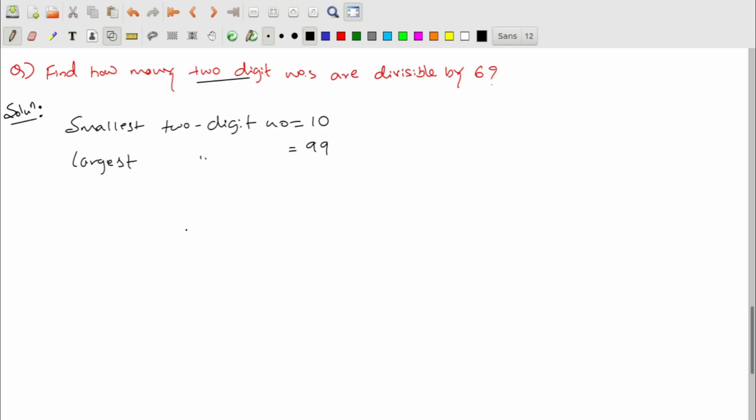So here we use this AP concept, right? Now A1, if I take it as the first term, A2 till AN, if we know the first term and the last term, we can easily find the number of terms. Yes or no? We can use this AN is equal to A plus N minus 1 into D formula.